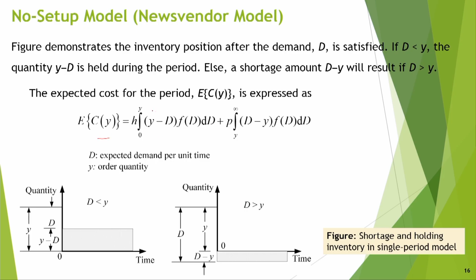Suppose the distribution of demand is given by f_D, that means the PDF of the demand is f_D(D). So the expected cost is h times the integral from 0 to Y of (Y minus D) f_D(D) dD, because of overstocking or overaging, plus p times the integral from Y to infinity of (D minus Y) f_D(D) dD. That type of simple expression is there.